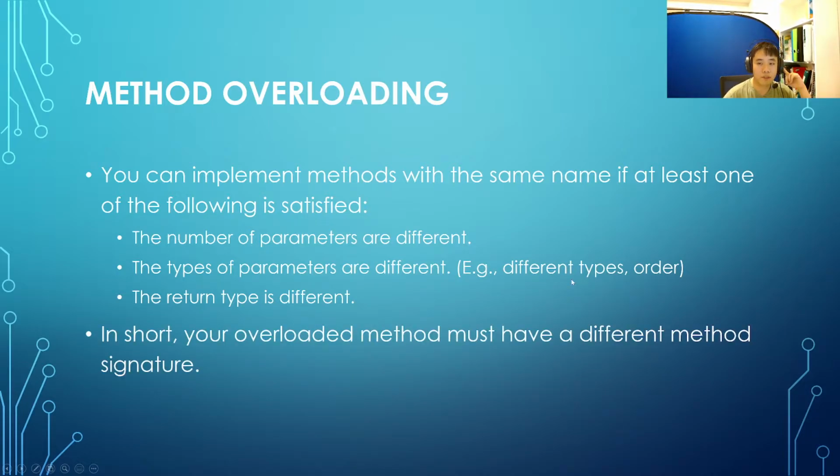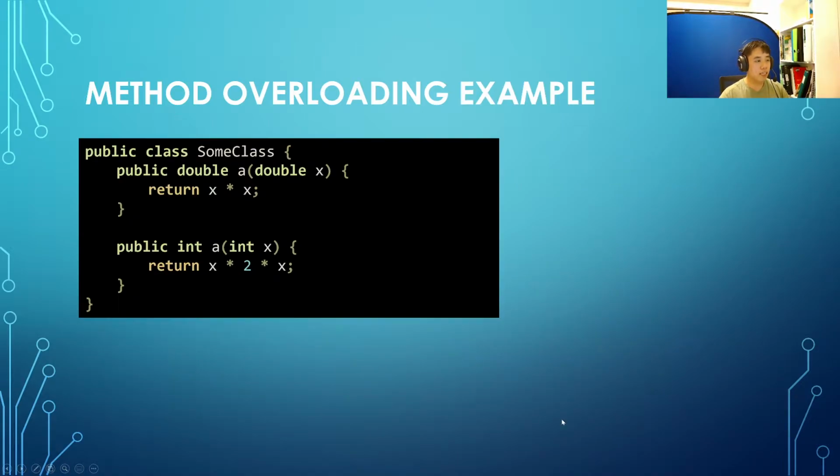So in short, you can overload the method if it has a different method signature, and just make sure that the overloaded method has the same name as the original one. This is something you learned in lectures, so I don't really talk much about it, but here are some examples. We have two methods called A. What I want to ask is, is this code valid? Can anyone tell me if this is okay? Yes, it's fine. And why is that?